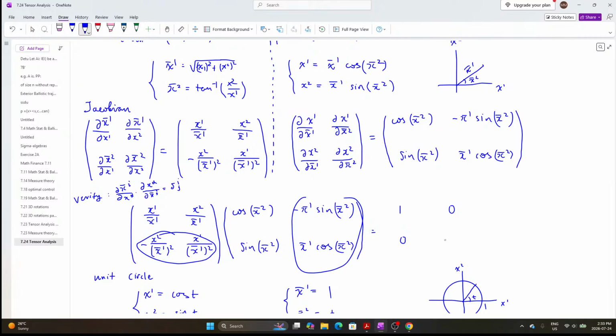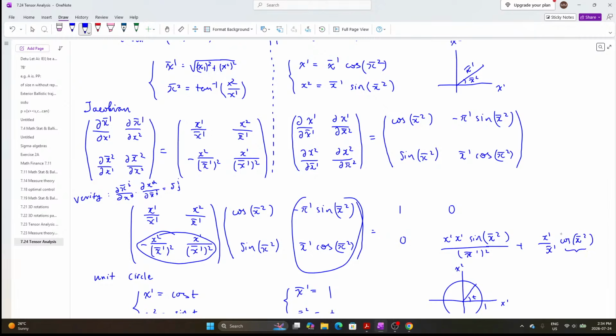You get x2 x1 sine of x bar 2 over x bar 1 quantity squared, plus x1 over x bar 1 times the cosine of x bar 2.